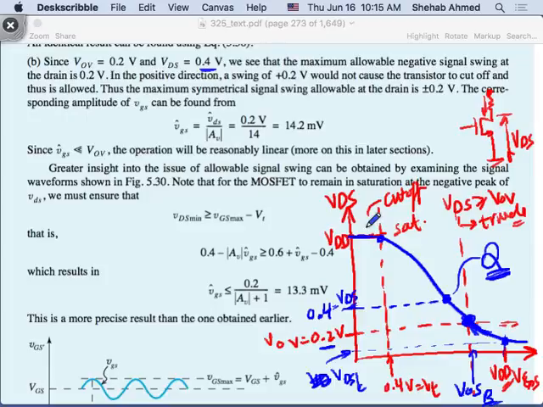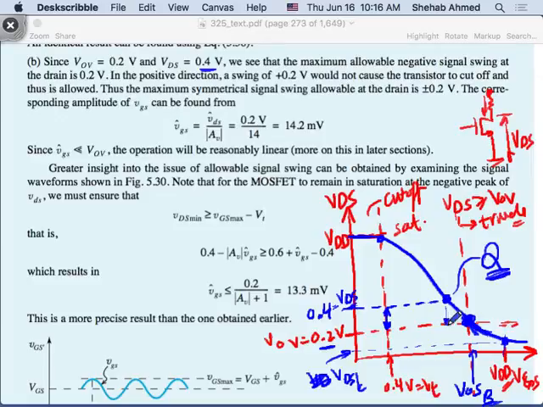If I move into cutoff, I've lost, which means it will be defined by this distance here. How much below my DC operating point can I operate without distorting my signal, either by shape distortion or clipping? Since I'm close to the triode region, distortion is the issue I will have.